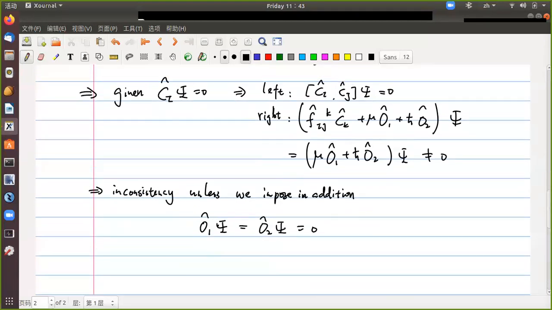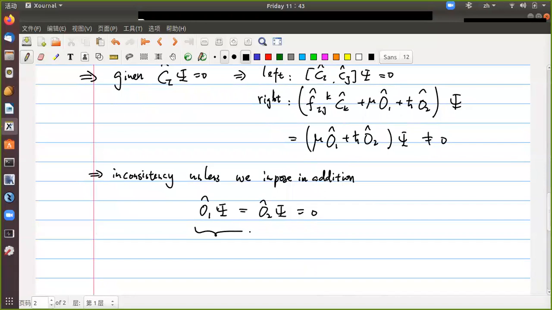But this causes even more problems, because these two constraint equations are again hard to solve. They are probably even harder than the earlier diffeomorphism constraint and Hamiltonian constraint equations, because O1 and O2 are usually highly complicated operators. Also, these equations have no classical analog: classically O1 and O2 are not zero on the phase space, but suddenly at the quantum level you require them to be zero.